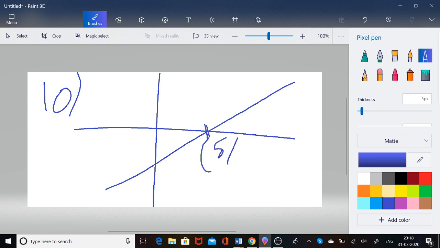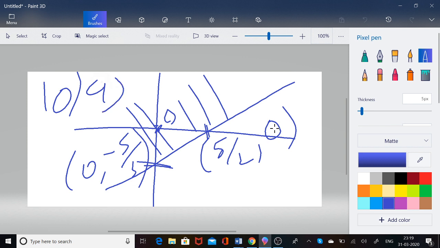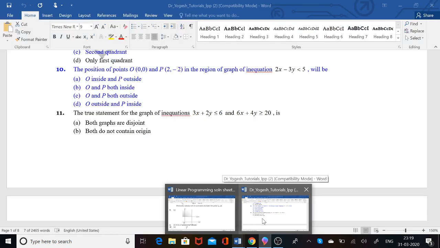This is 5 by 2 comma 0 over here, and over here you'll get 0 comma minus 5 by 3. This is your origin part, and the shade is going towards the origin. So the tenth answer has to be A.